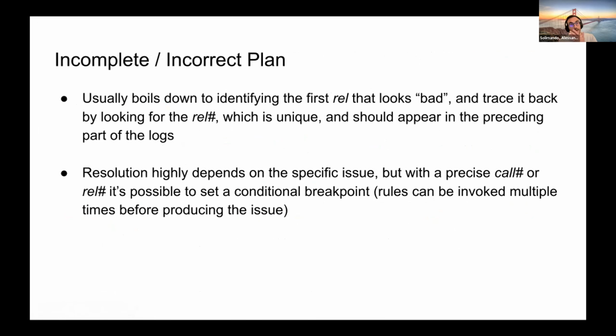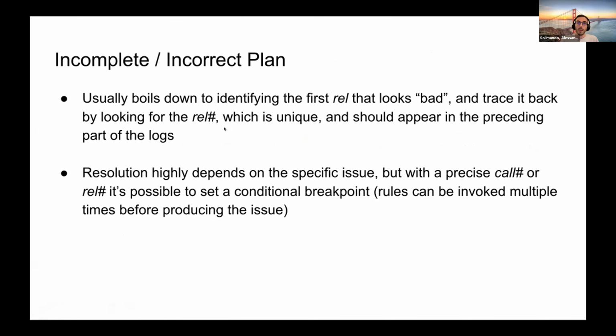Another kind of issue that is pretty common in query planning is incomplete or incorrect plans. Again, this usually boils down to identifying the first rel that looks bad or that we can be suspicious of.